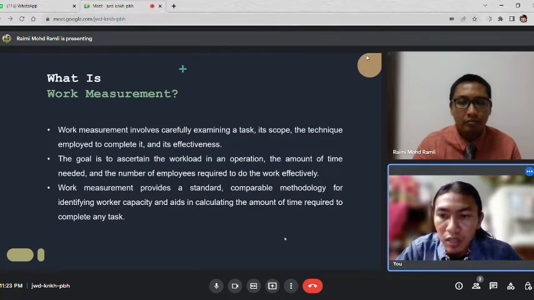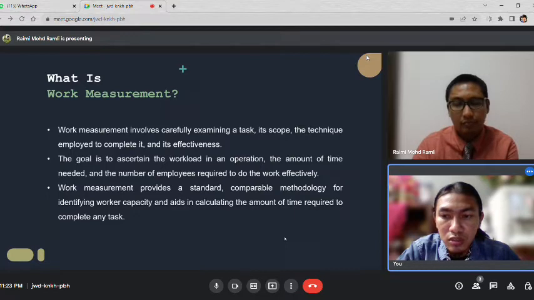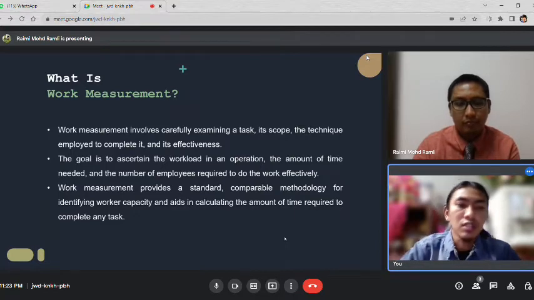Third, work measurement provides a standard comparable methodology for identifying workers' capacity and aids in calculating the amount of time required to complete any task.